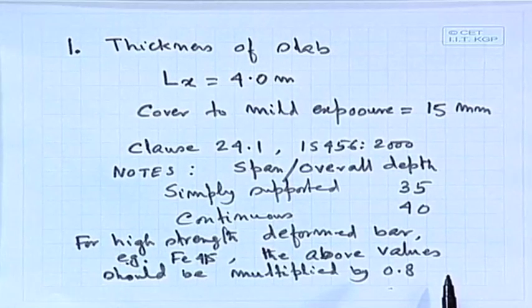For simply supported slabs it is 35 and for continuous slabs 40. For high strength deformed bars of grade Fe 415, the values given above should be multiplied by 0.8.